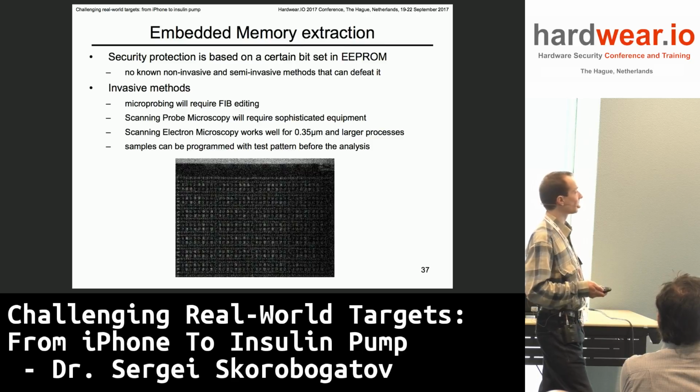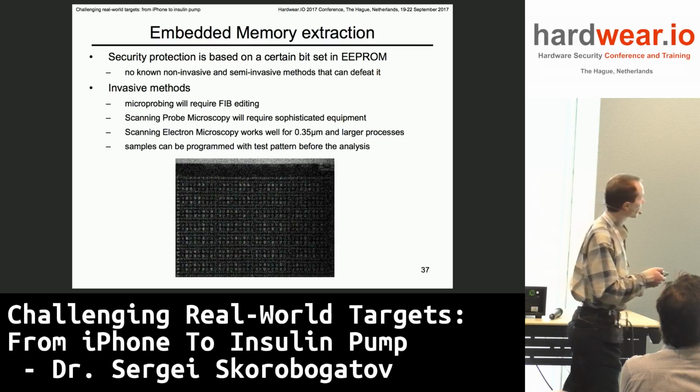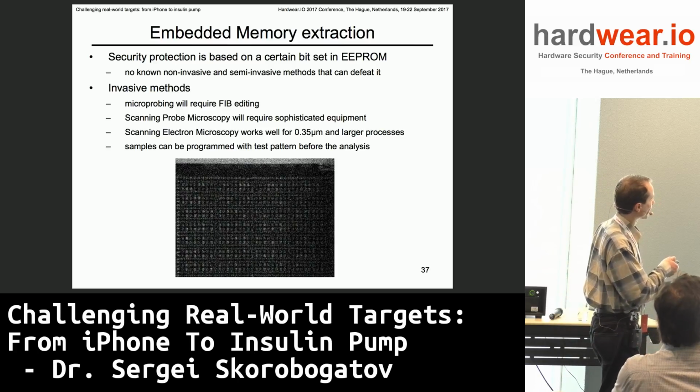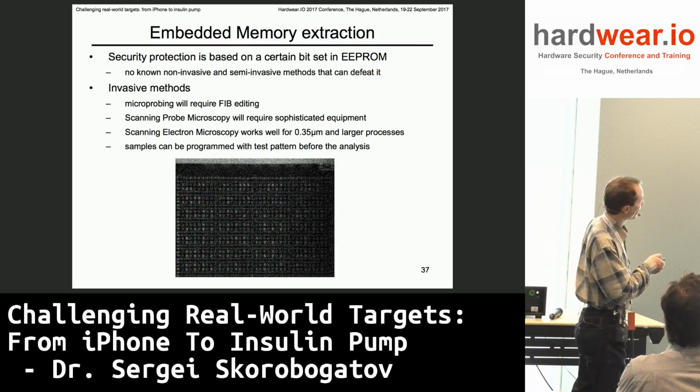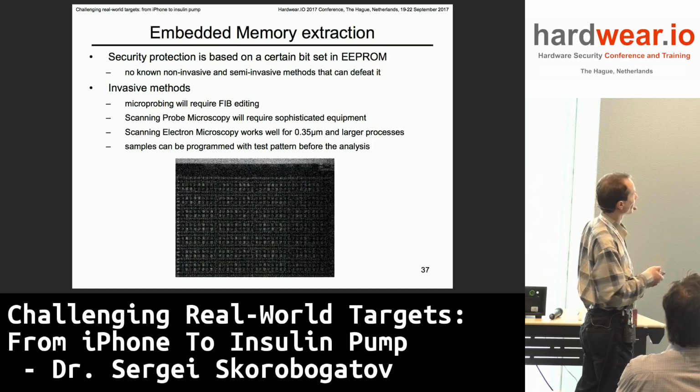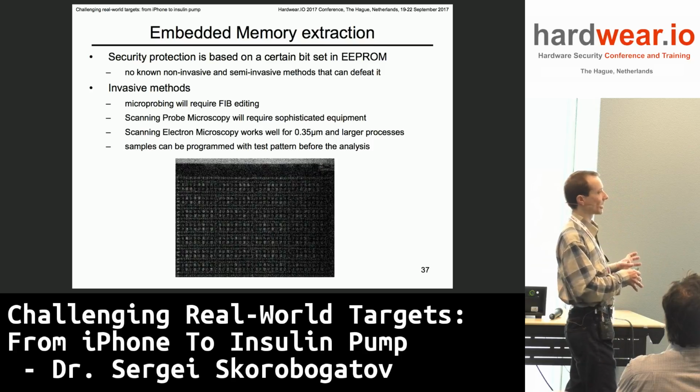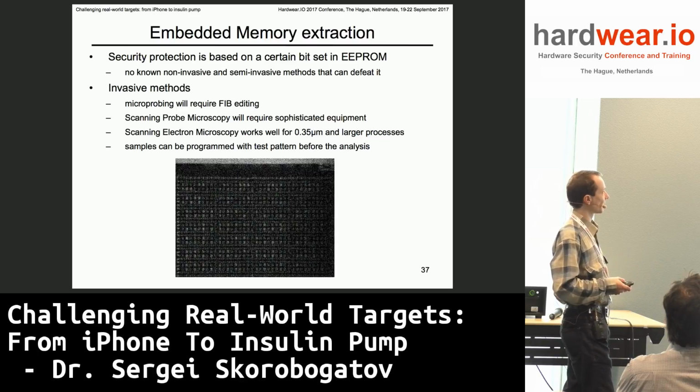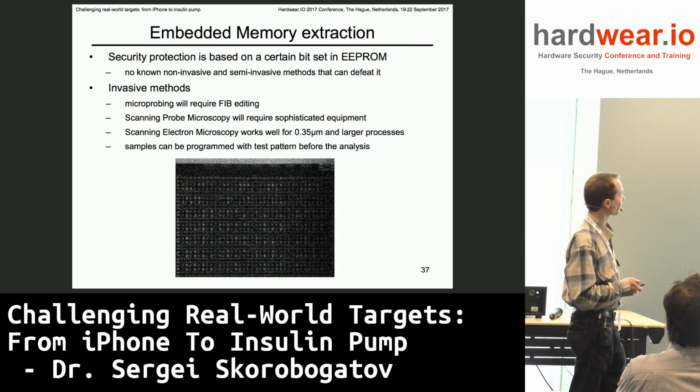And for 0.35 micron, electron microscopy works pretty well. Although the contrast is not superb on the chip, you can still see the differences between the programmed and non-programmed cells. So you would have to apply some sort of signal processing and image processing to restore the data.